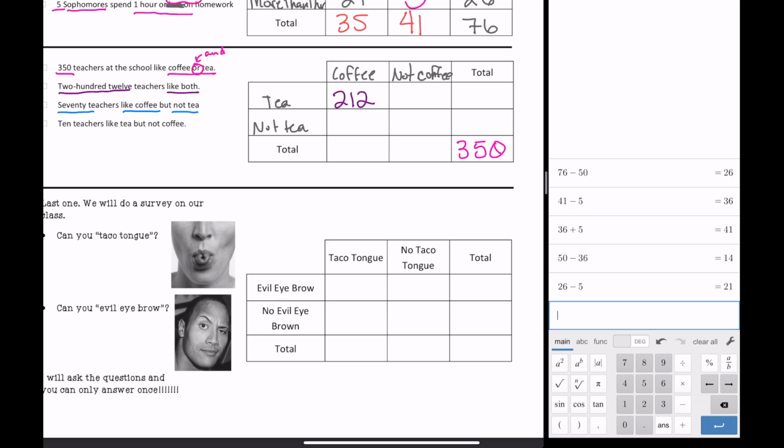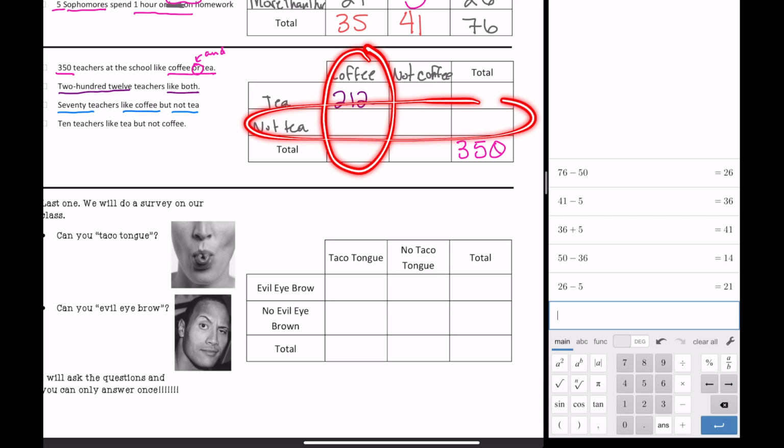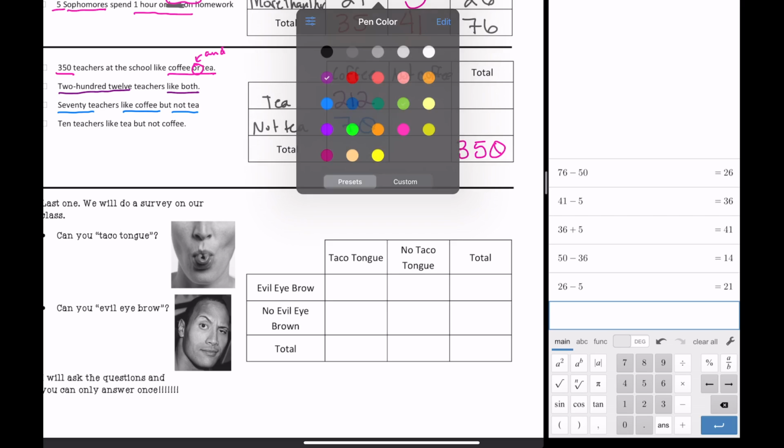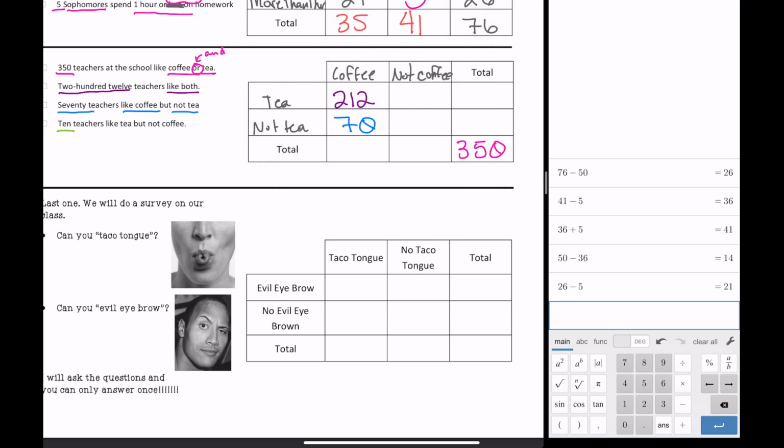So that's going to be the bottom left of our joint frequency, and they said 70. Last up we got is 10 teachers like tea but not coffee. So that's going to be the top right of our joint frequency, and we're going to put a 10.